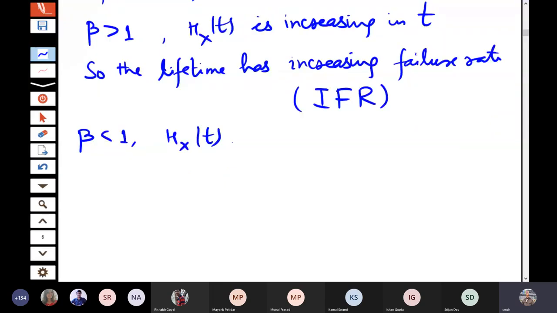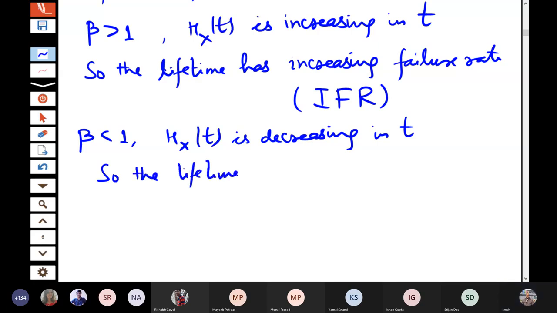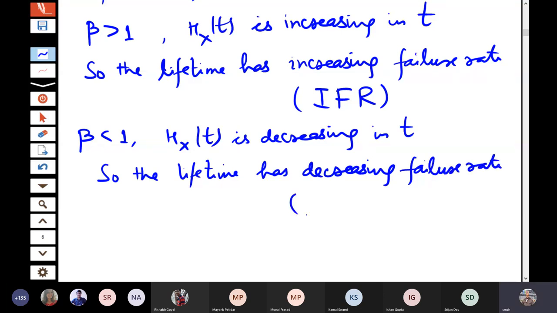So h(t) is decreasing in t. So the lifetime has decreasing failure rate, that is DFR.